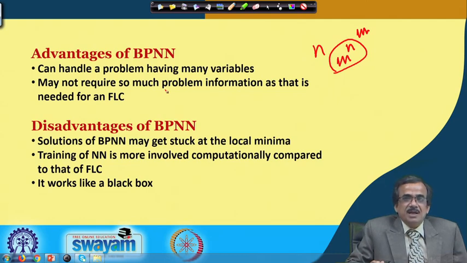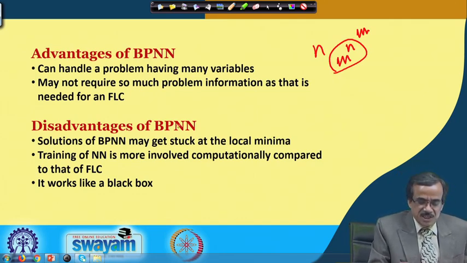But here in neural network training, we may not need so much problem information. Based on experiments, if we can collect some input output relationships, we can directly use them to train the network, and once it is trained, the network will be able to predict the input output relationship in a very efficient way.